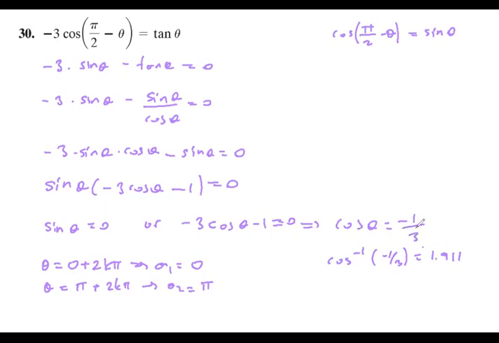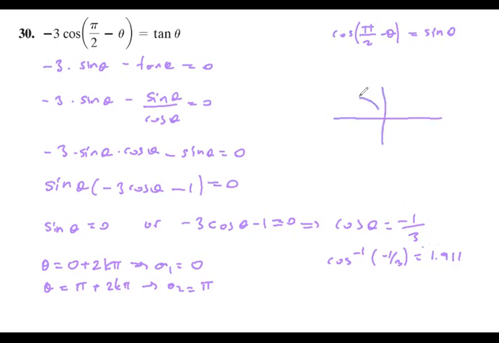Since we want a negative value, negative 1 over 3, cosine is negative in the second quadrant or the third. So if this is my one number in the second quadrant, I should find the other one in the third.